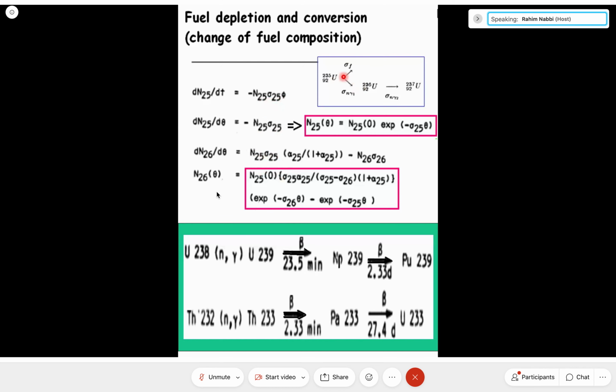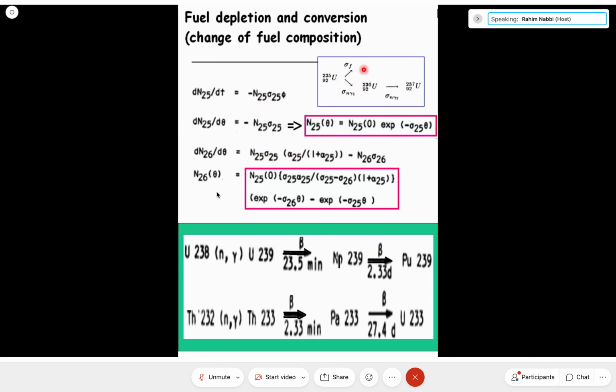in uranium-235, but multiplied by this ratio. And this ratio is the fraction of the capture, the fraction of the absorption to total capture.